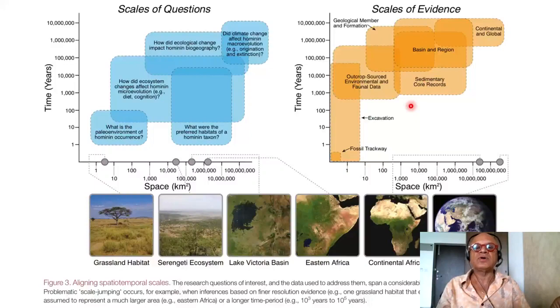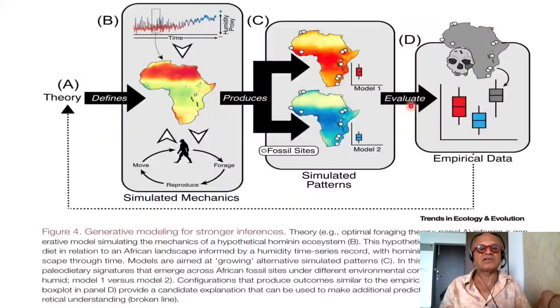Okay, so obviously the models that we looked at with Axel Timmermann and so on try to combine those. For example, here is the humidity proxy change over time, and there is some theory that is created, let's say optimal foraging theory, and then that defines your model and simulation of mechanics. So you find vegetation and other things, so you look for foraging regions, reproducing and moving, so you have this kind of a model built up here.